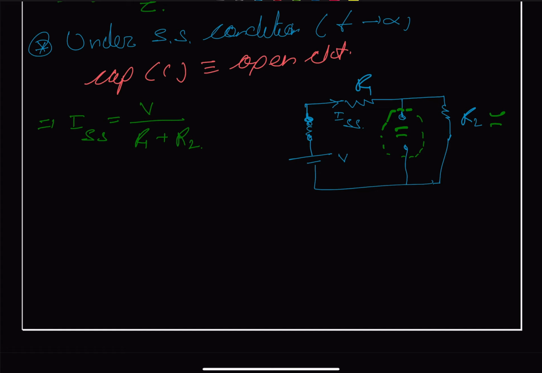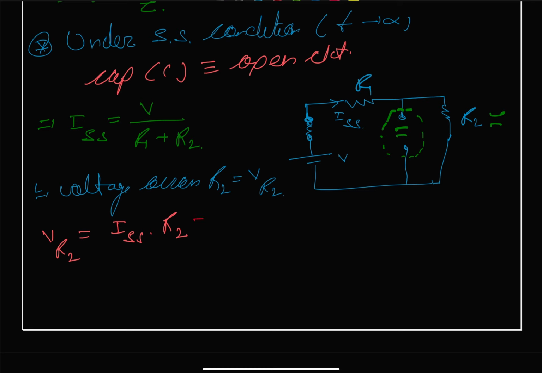So we are interested in finding the voltage across R2, let us call this VR2, and VR2 will be equal to the steady state current multiplied by the resistance R2. Substituting the steady state value, we get this as V times R2 divided by R1 plus R2.